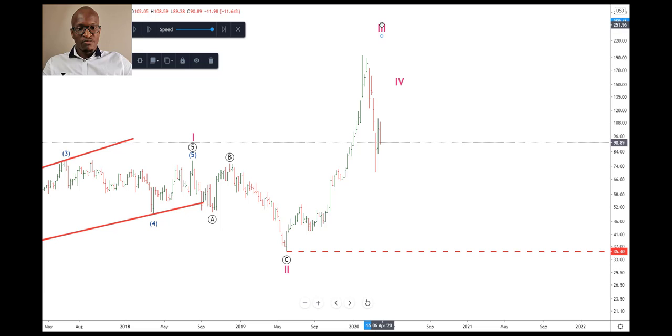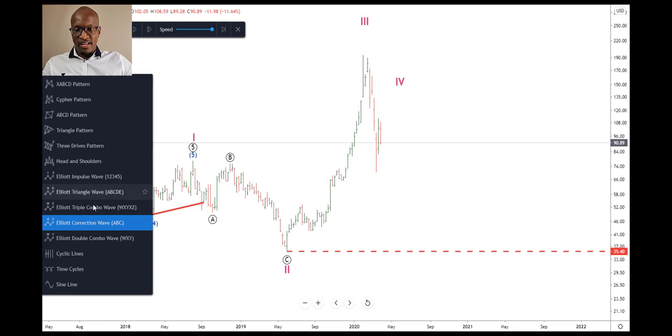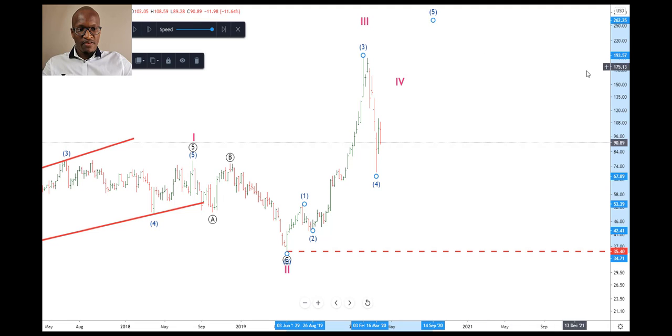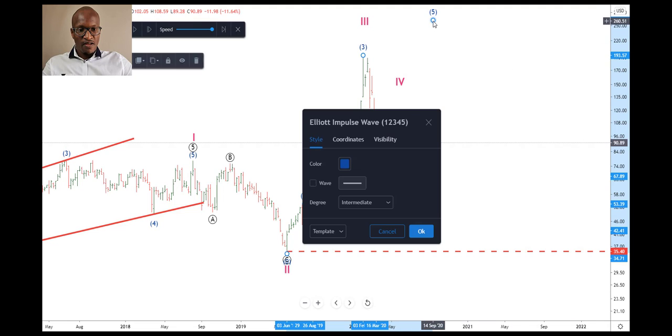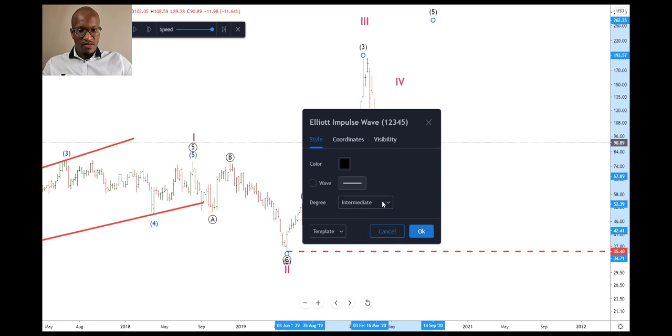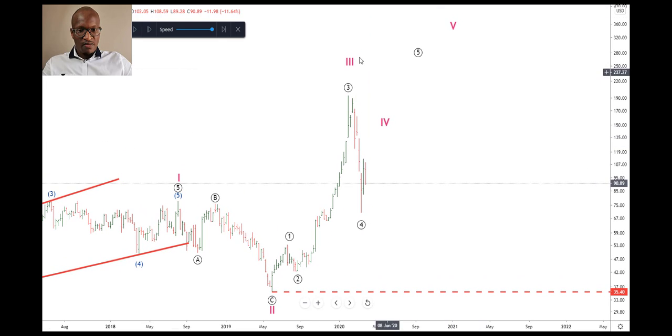Not wave 3 of this degree, but of one lesser degree. So if I label this internally, I'll have 1, 2, 3, 4, 5, building up this wave 3.